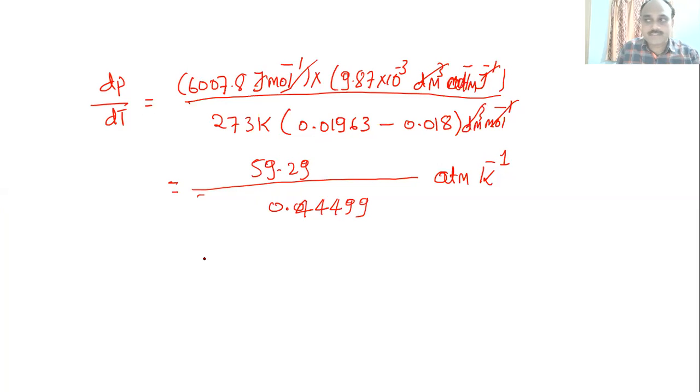Then this gives you 133.23 atmosphere per Kelvin.